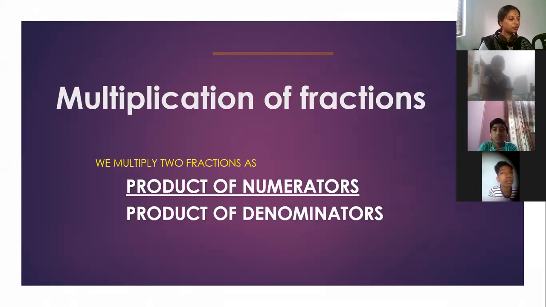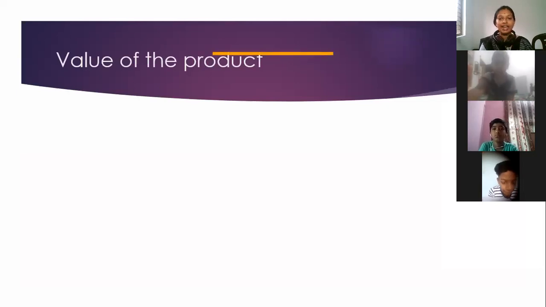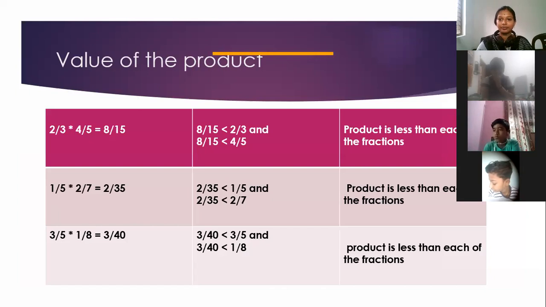Now we are moving to our next topic, value of the product. What is the value of a product? We are going to check that. For that, there is a table given in your textbook, page number 40, and we have to fill the remaining sections.